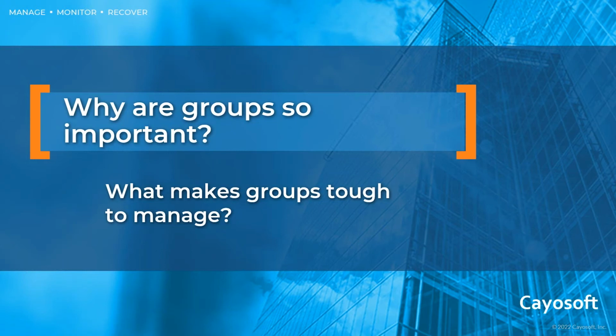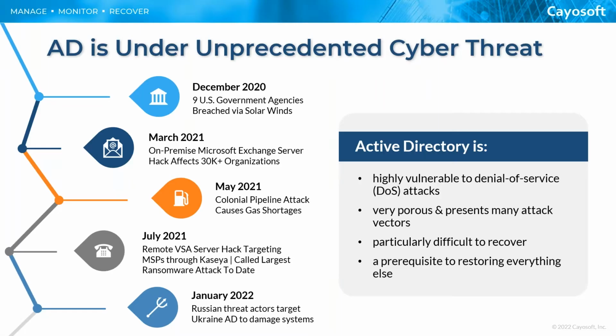So what is that all about? Well, groups are the primary way Microsoft environments grant access to users upon resources. And the big challenge is what's actually going on around us currently. So right now, Active Directory is under just a tremendous amount of pressure from cyber attacks, ransomware attacks, denial of service attacks.